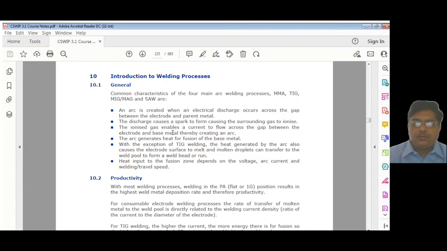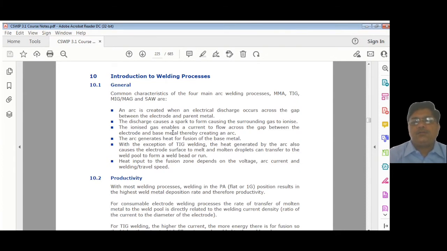If you bring them close together, and don't touch, just a little bit away, you will see the arc generated. The temperature will be so high that it will heat and melt the metal, which is what is used in the fusion welding process. That's why it's called fusion.